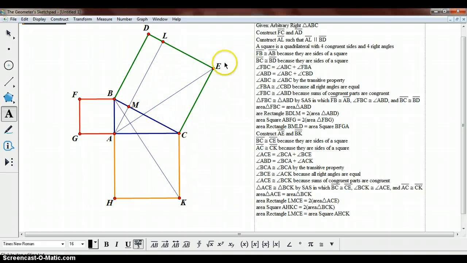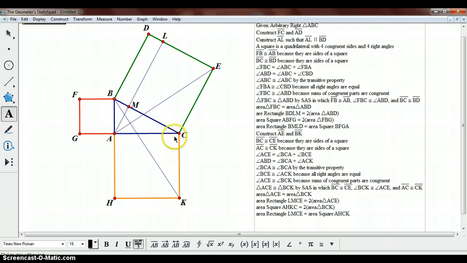As a result, the area of square DBCE is a combination of the two rectangles LDBM and LMCE, which consequently is the sum of square BFGA and AHKC.